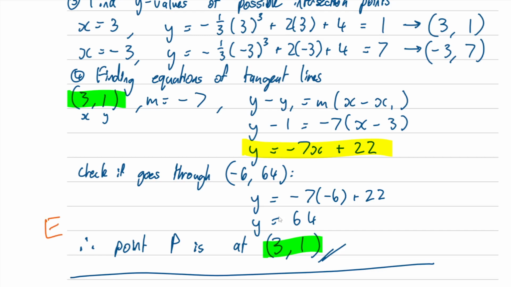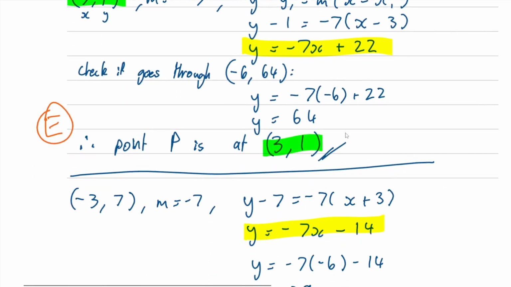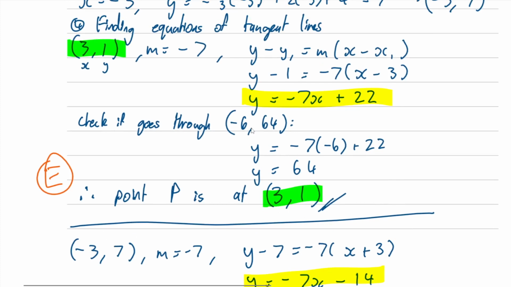Right, and getting that far by verifying point P would be excellence. If you didn't clearly communicate this, you would sadly only get a merit. So make sure you're clearly communicating that last step.